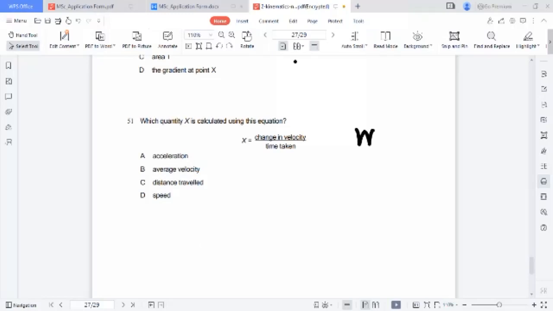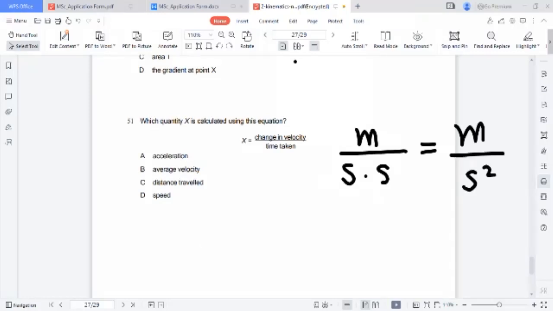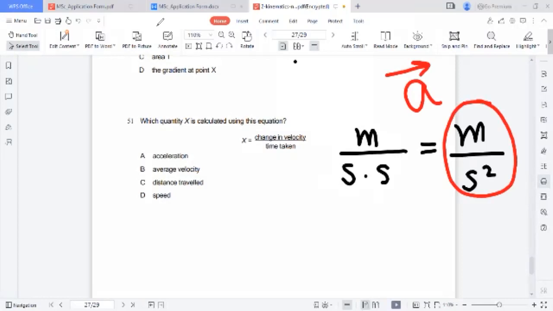The unit of velocity is meter over second, and the time taken is also measured in second. So we have meter over second square, and the unit meter over second square is actually acceleration. So this formula is actually the formula of acceleration.